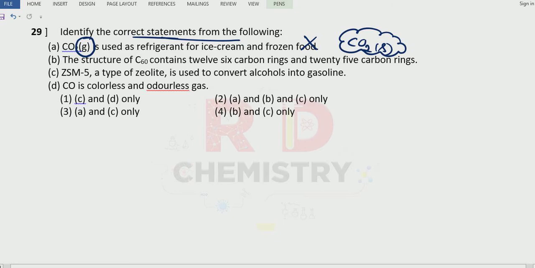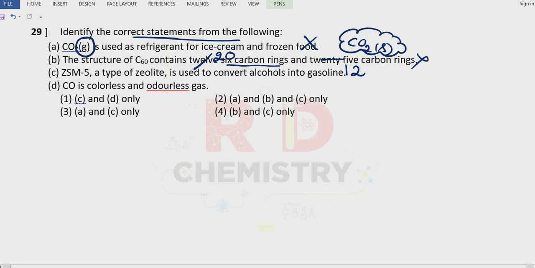Fullerene contains, they have given, 12 6-carbon rings. 6-carbon ring means a 6-membered ring. Actually it contains 20 6-membered rings, and they have given 25 5-membered rings, and it should actually be 12 5-membered rings. So the second statement is also wrong.